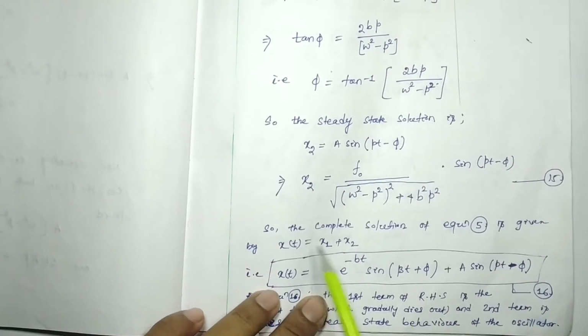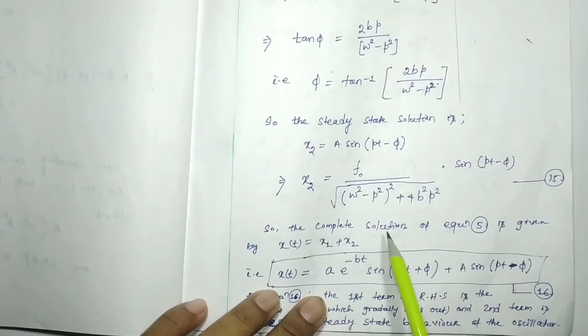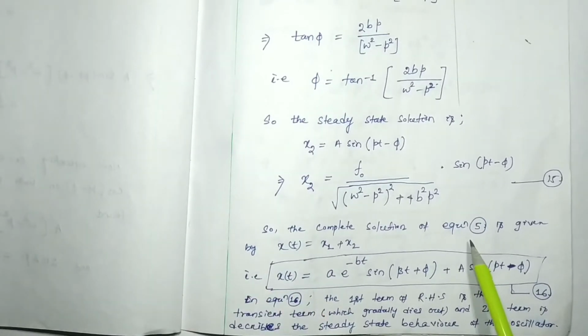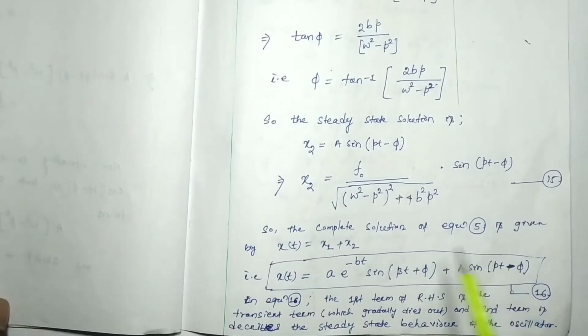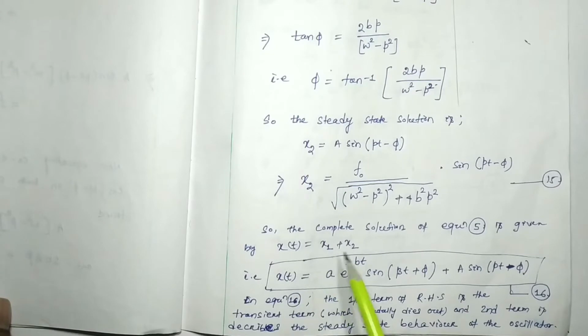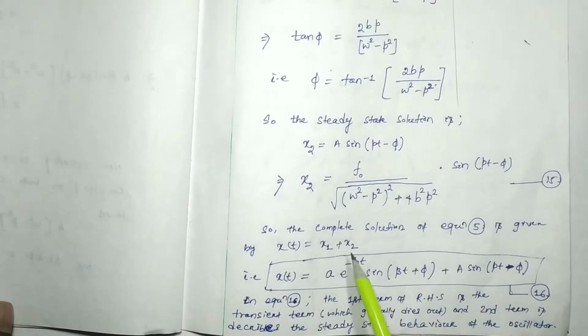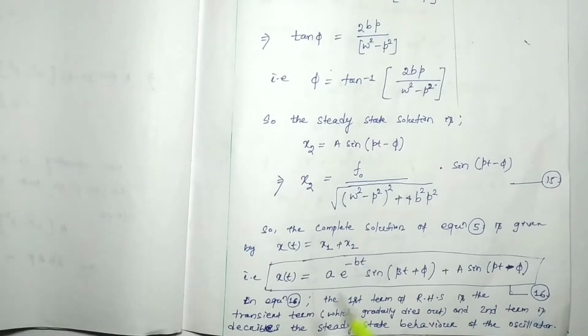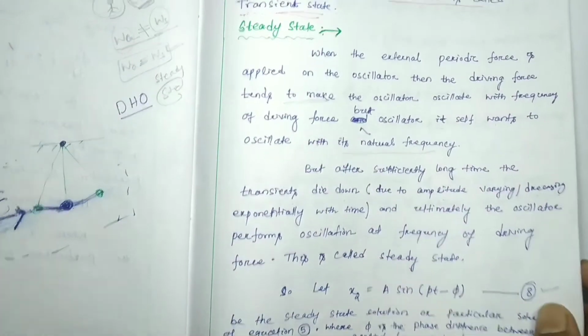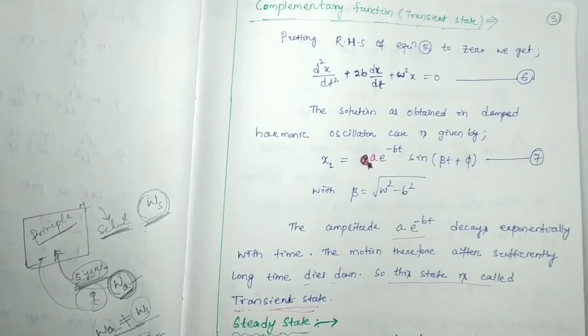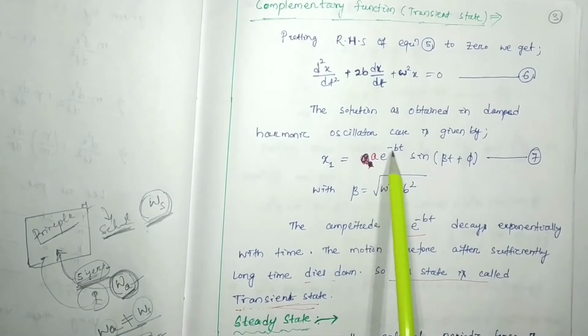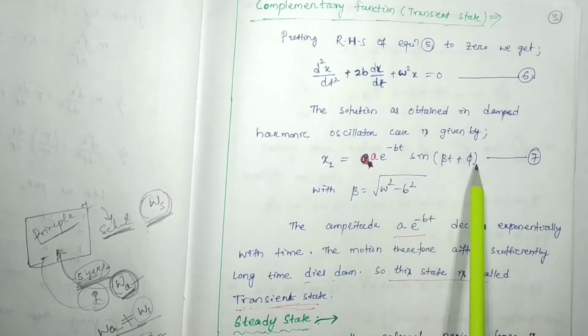Now the complete or general solution, which is nothing but your equation number 5, x(t) equal to x1 plus x2. Already we found x1, that is your complementary function, a e to the power minus bt sine beta t plus phi.